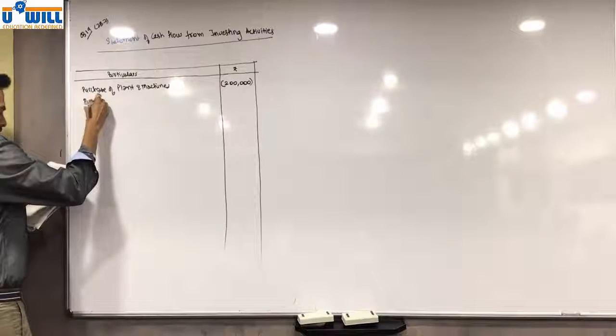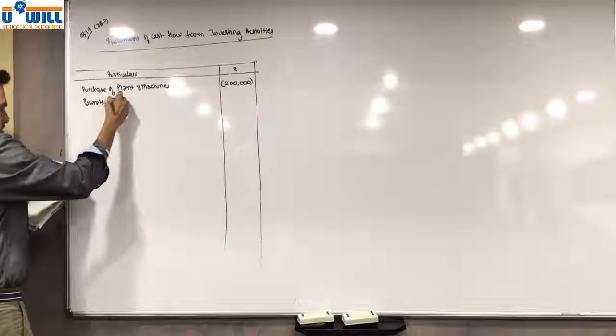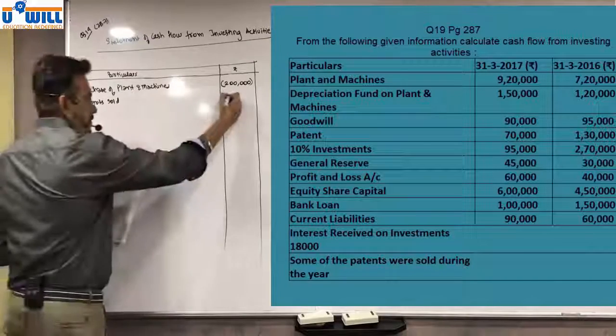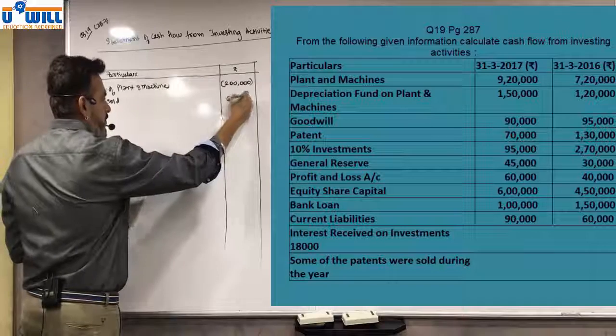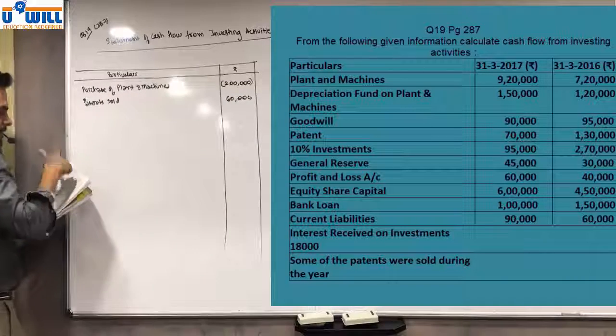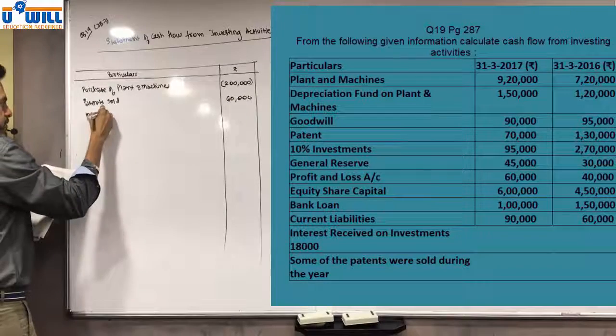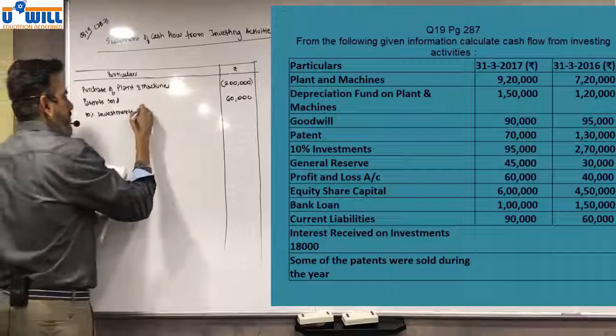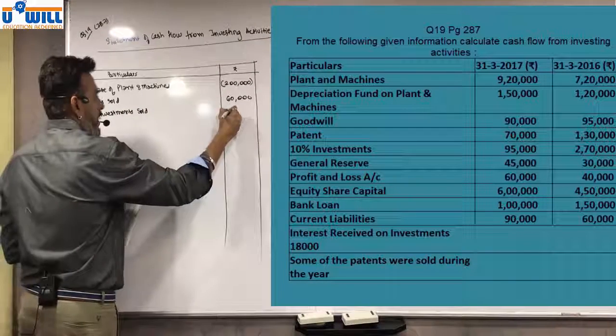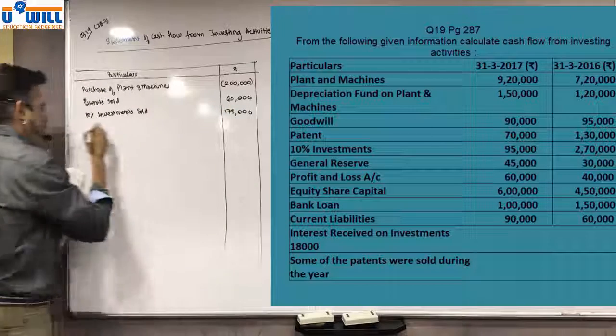Patents sold. How much patent sold? 60,000. Then 10% investment sold, 1,75,000.